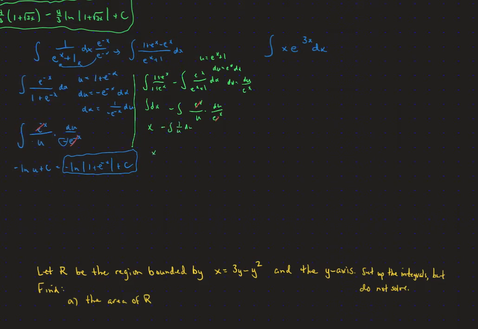So we get x minus the natural log of u, which, remember, was this e to the x plus 1, and you do not have to have the absolute values, and they look very different, but crazily enough, they will both have a derivative that will get you back to the integrand, 1 over e to the x plus 1.